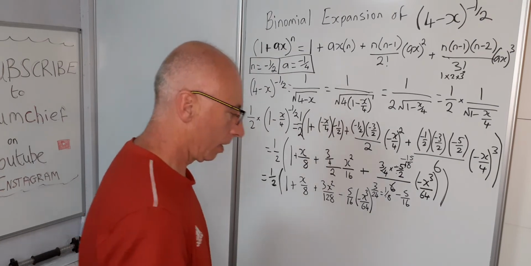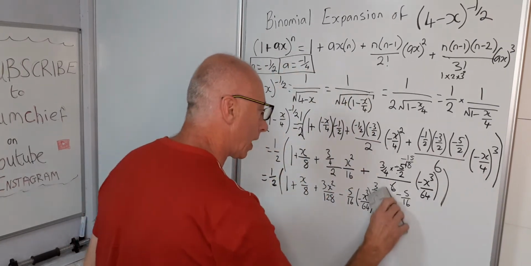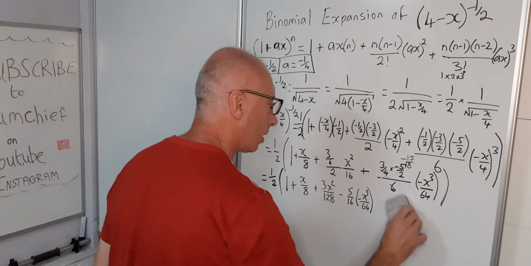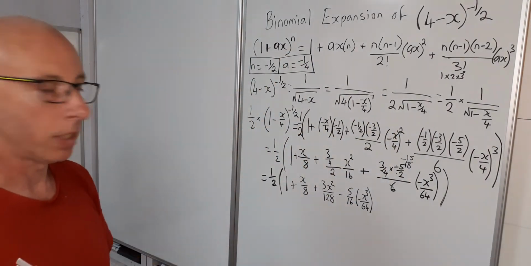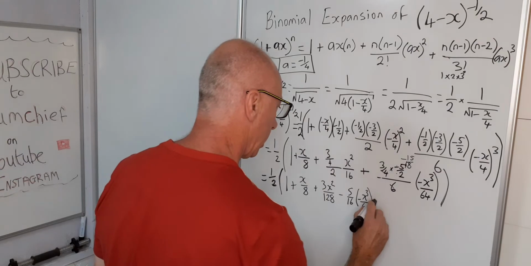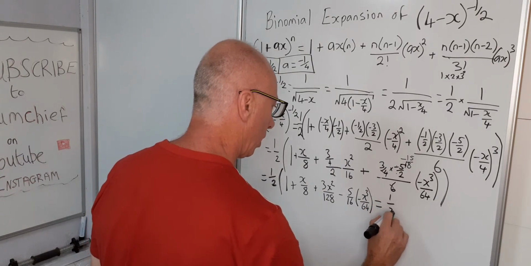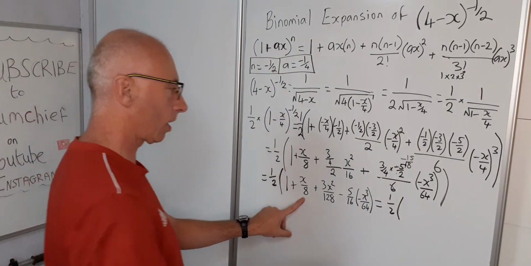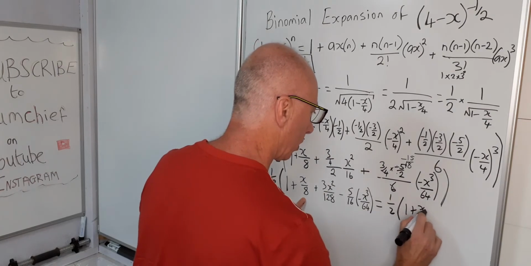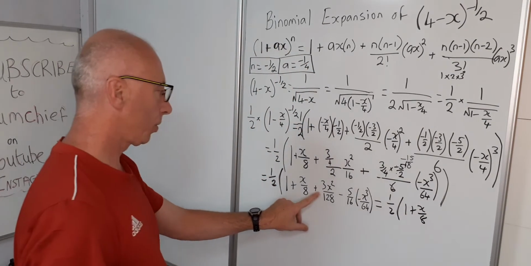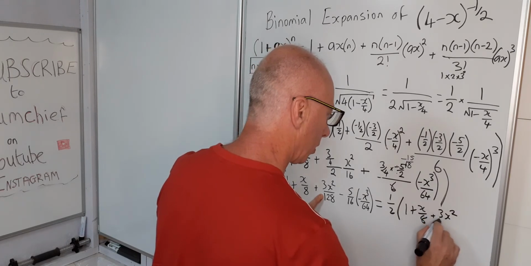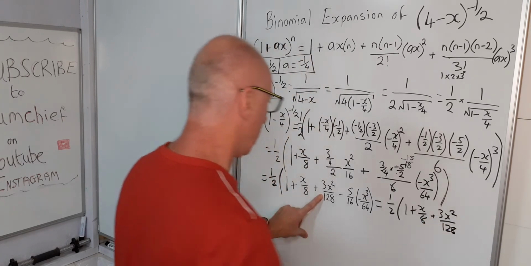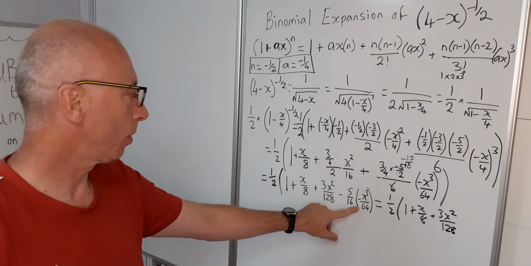Okay, let's just rub these workings out now, just take them away. So now we need to just simplify this again. So that's 1/2 times 1 plus x over 8 plus 3x squared over 128. Okay, let's work this one out.